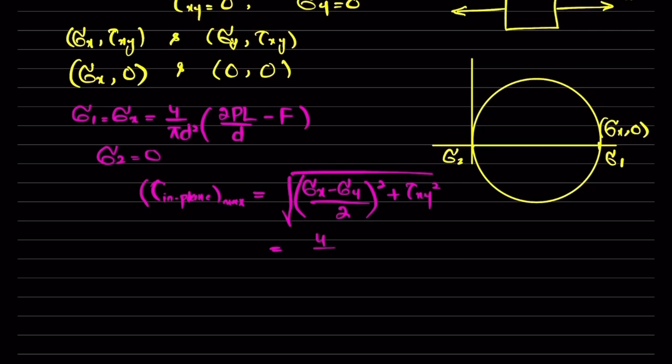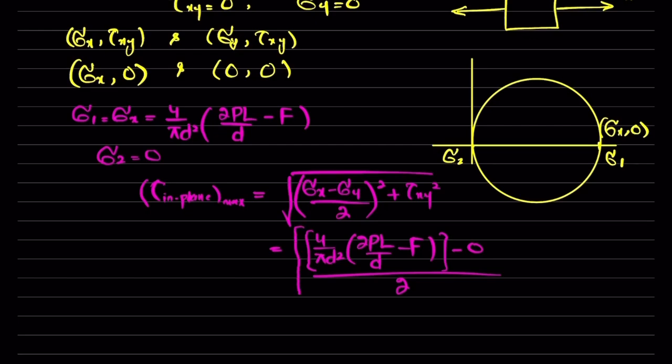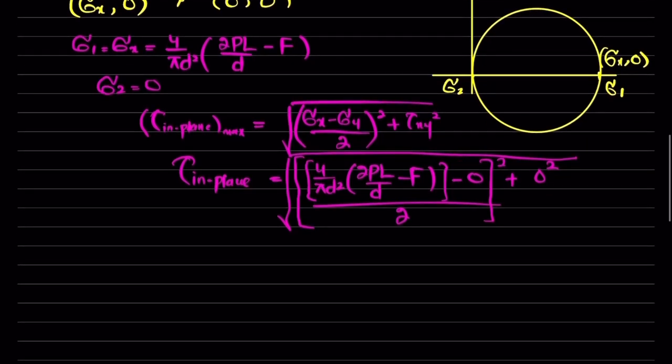Sigma x is 4 over pi d square into 2pl over d minus f, whole square minus 0 divided by 2 whole square plus tau of xy, which is 0 square, and under the root. That will give you in plane shear stress, and that will be maximum in plane shear stress.